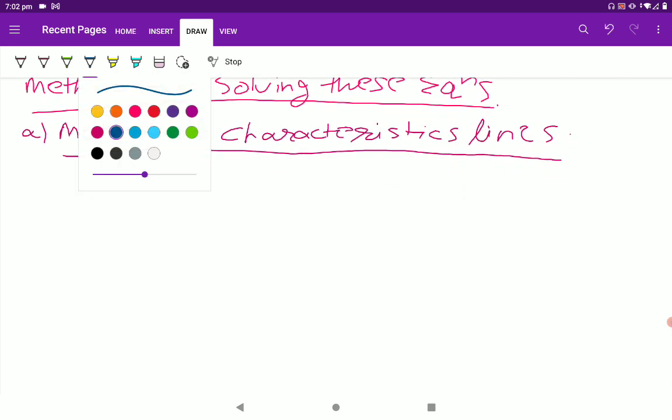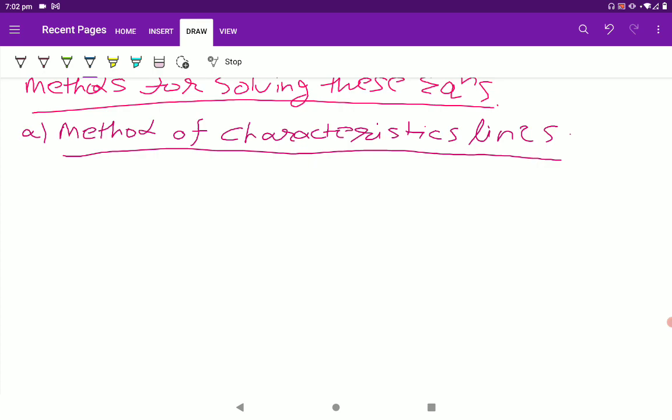So let's start. We will start with the transport equation, because it is the simplest one, and apply the method of characteristic lines to this equation.